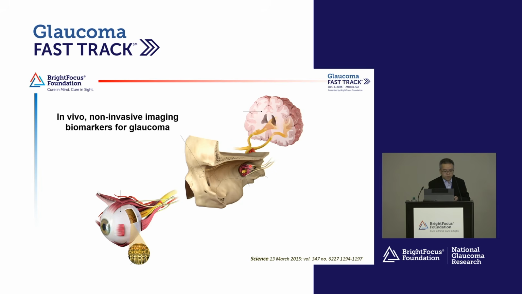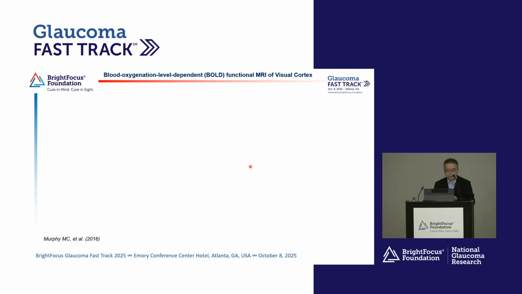So in terms of the brain imaging, we are very curious to know, since there are potentially early changes you can use in OCT for the eye, how about the brain? Are there also early changes? One way is to use functional MRI by probing into oxygenation in the blood.